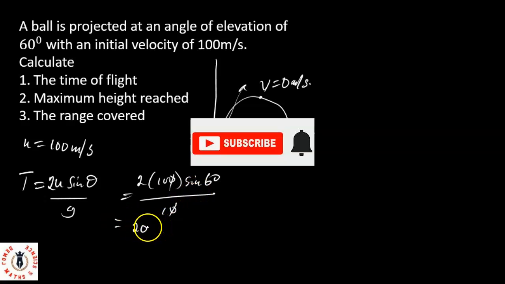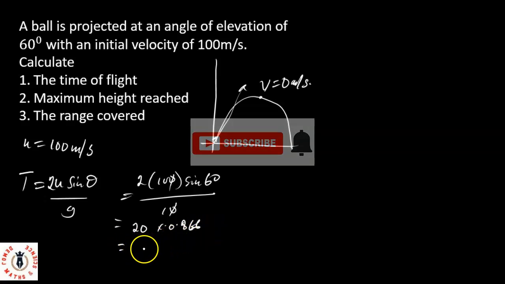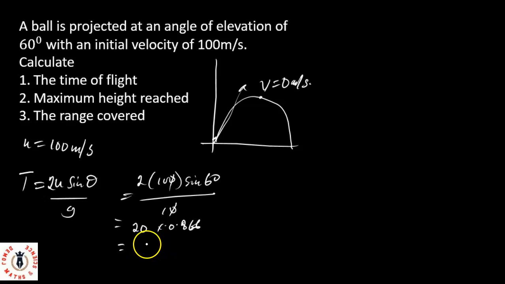Sine 60 is 0.866. You can do that on your calculator, or use root 3 over 2 for sine 60. That equals 20 times 0.866, that's 17.32 seconds. That's the total time of flight.